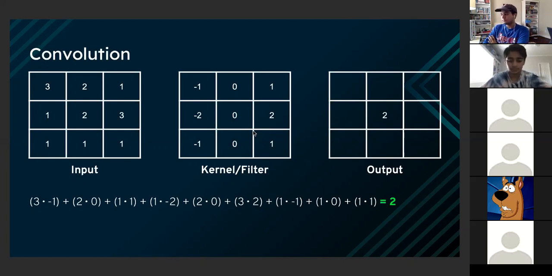So the numbers in the arrays represent pixels? Yes, this input is just some dummy numbers. I was trying to make it easy to do the math, but usually these would be pixels in the input. Great question. Another question: I understand that you multiply the corresponding kernel by the input, but once you do it for every single square and you get your output, what does the 2 in the output square contribute to?